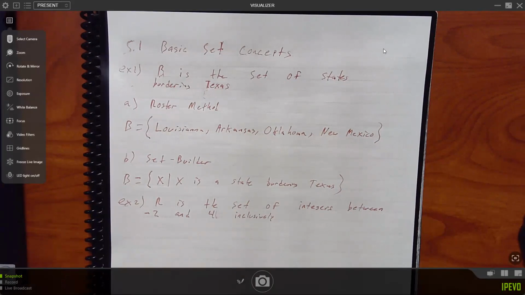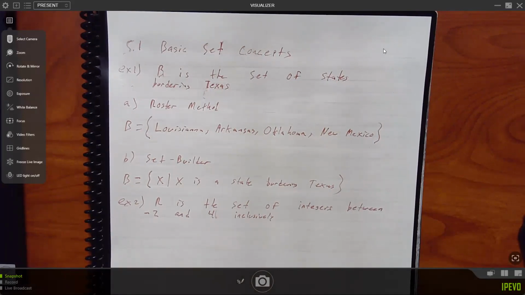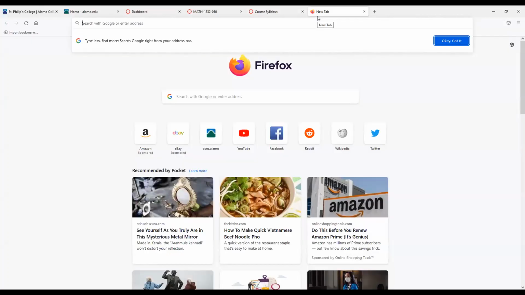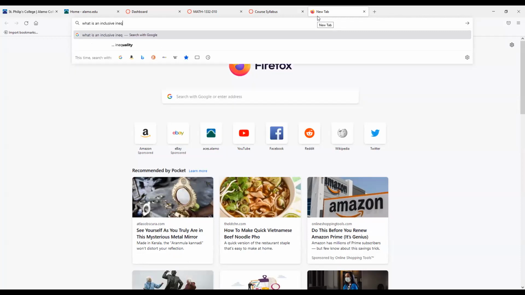Remember how we had the brackets when we did the domains? Do we put a bracket on this guy or do we not? I'm not sure. Let's look at the definition, right? We can always do that anytime we want. What is the definition of inclusive? So an inclusive inequality.